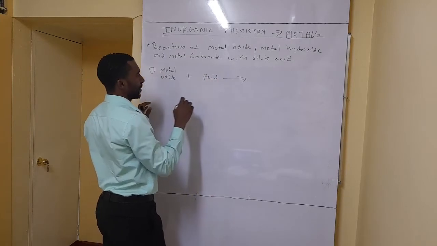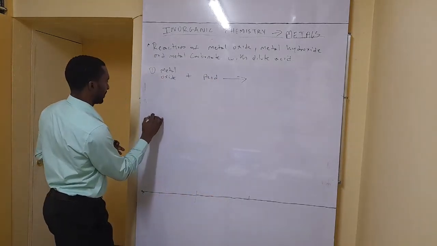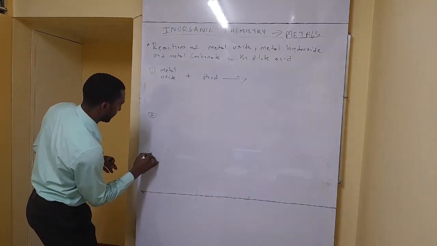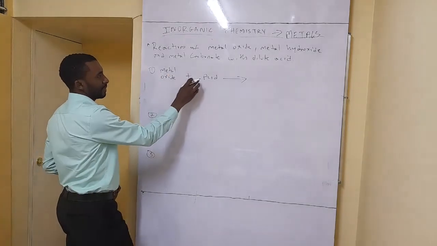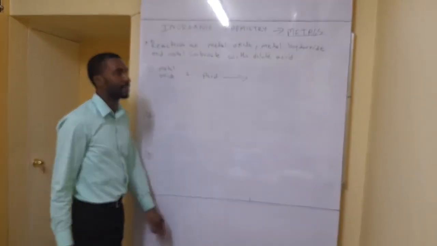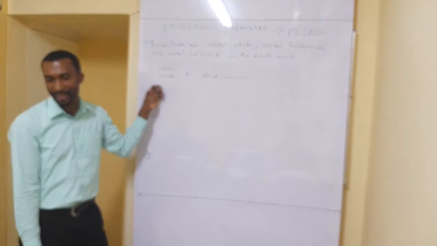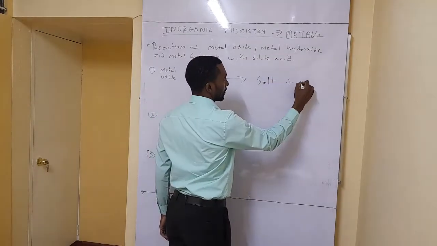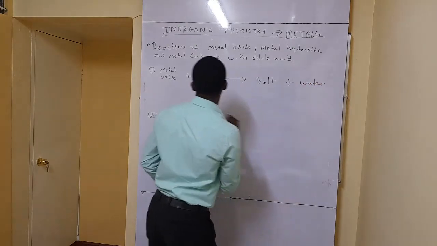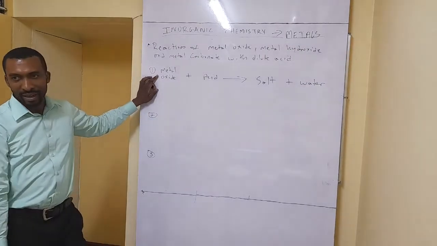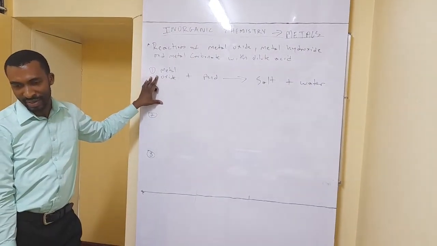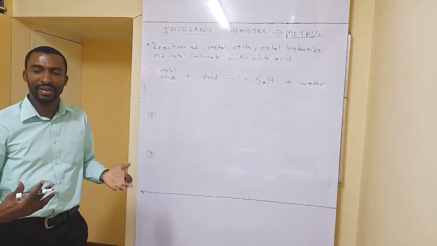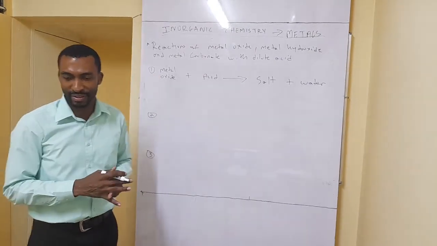General first now, as usual. Let's just put examples and general at the same place this time. So metal oxide plus acid produce, so it's an acid and a base, produce salt and water. Because in truth, metal oxide and metal hydroxide are bases. Even though we have to cover acids, bases and salts, you can get the introduction from here.